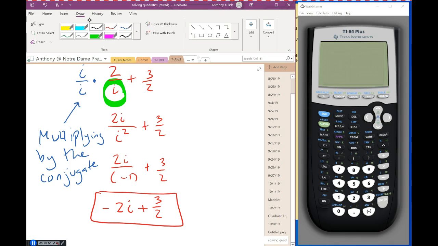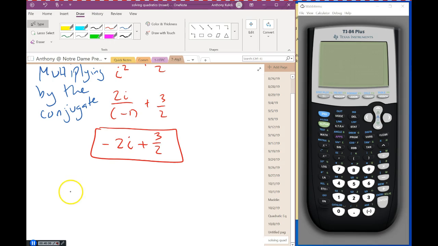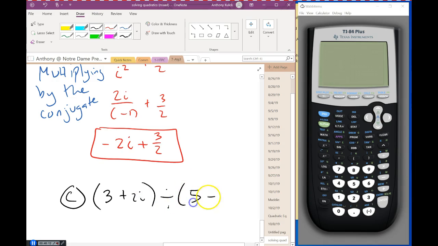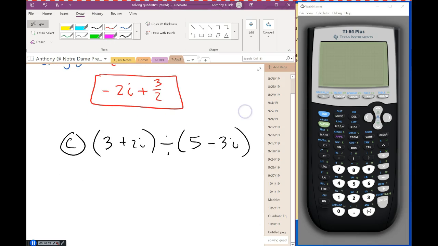And when the i is a purely imaginary piece, it's not so bad because you just need to multiply by i over i, and it kind of takes care of it. Here's where it gets bad. It's when I take one fully complex number and divide it by another fully complex number.